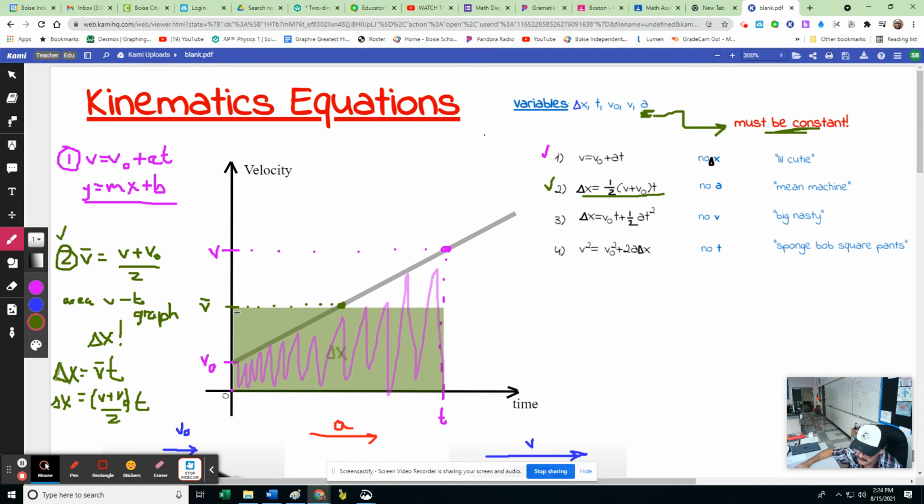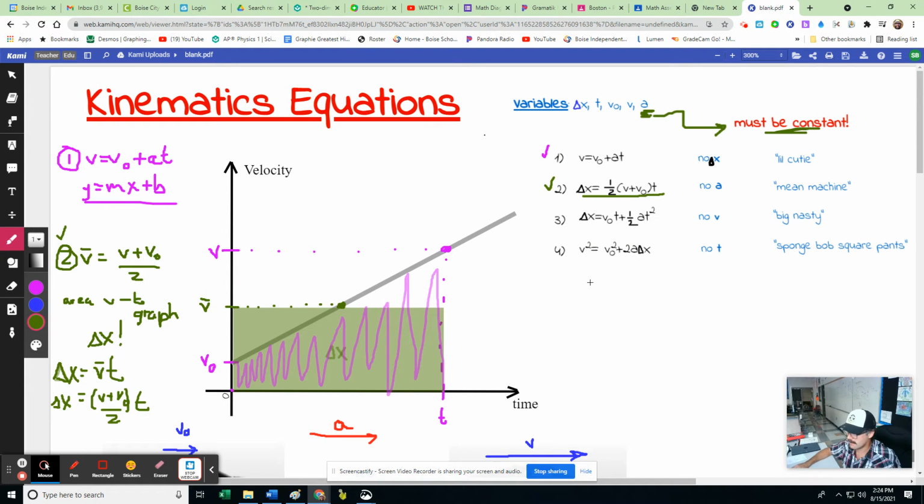And we know that the area of this green rectangle is going to be the same as this trapezoid. So we use our idea that displacement is the area underneath the graph. The area underneath this green graph is just the average velocity times time. Well, we can substitute in this average velocity equation, and we get this, which looks like the equation for a trapezoid, which sounds just great to me. That's what we're actually trying to find.